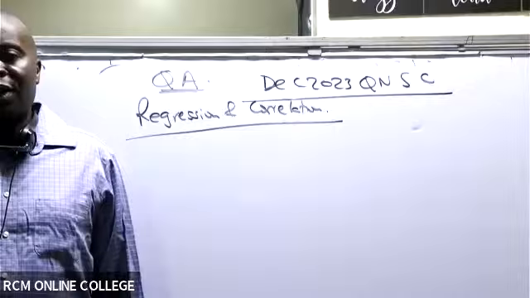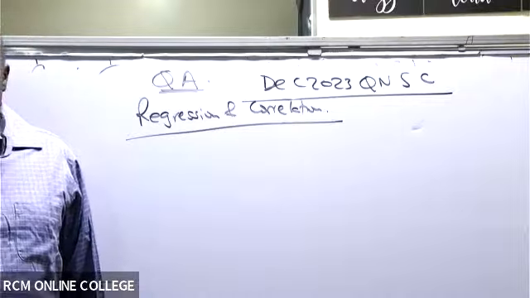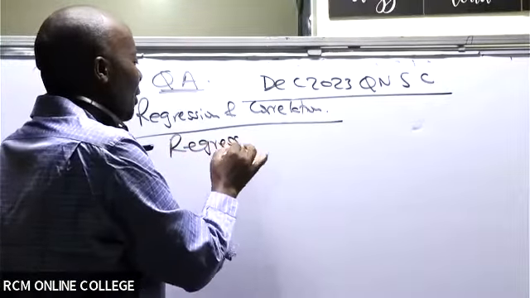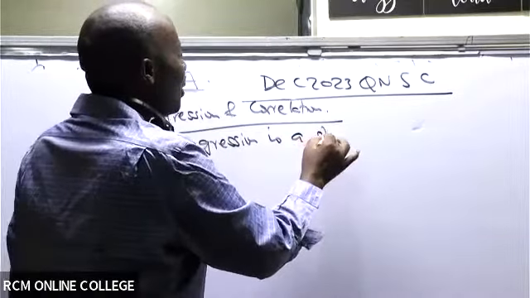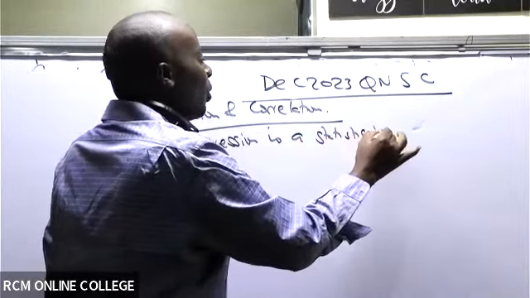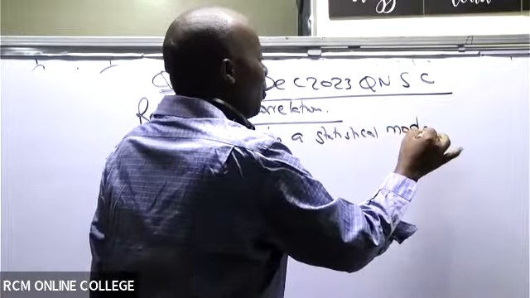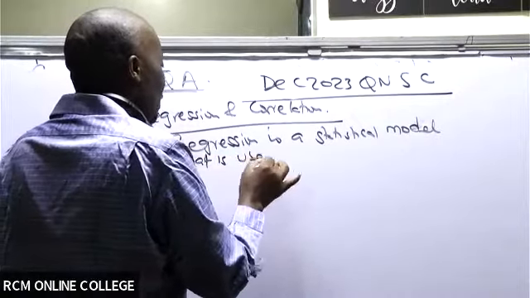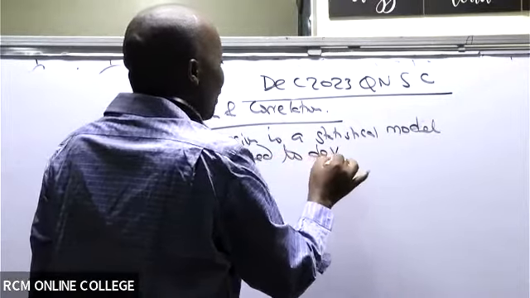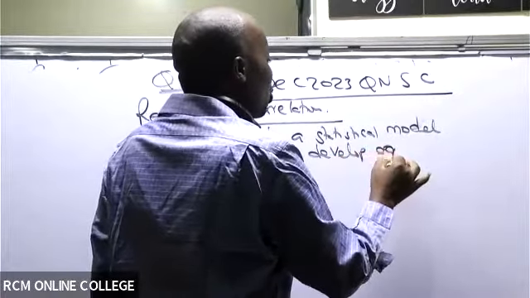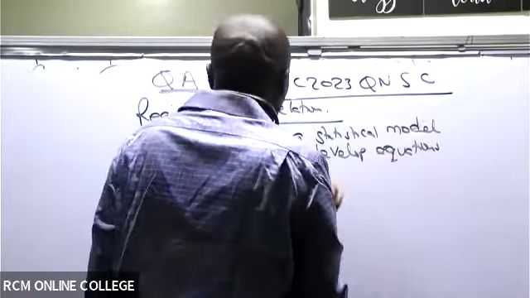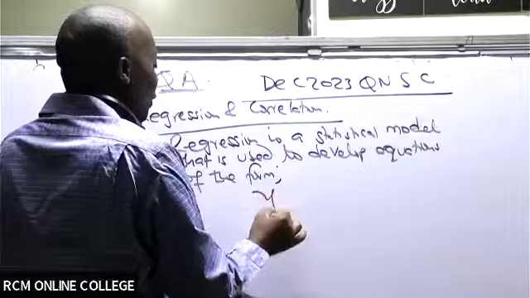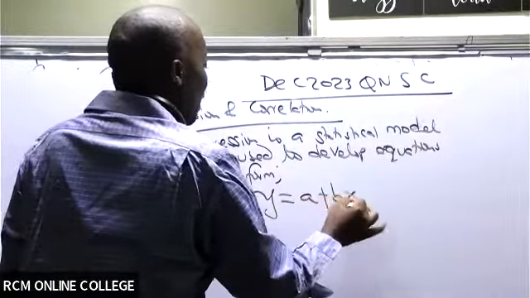All right. So if you allow me, I'll introduce regression first, where we mentioned that regression is a statistical model that is used to develop equations of the form y equals a plus bx.